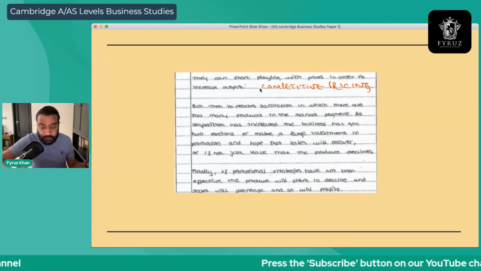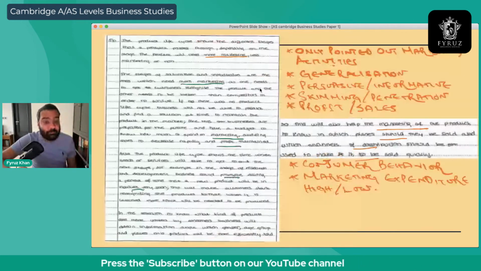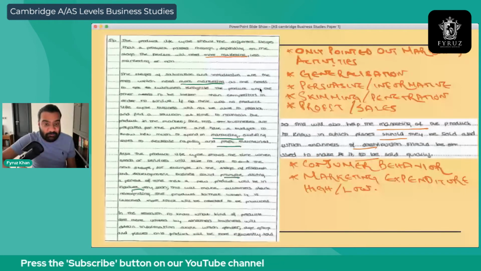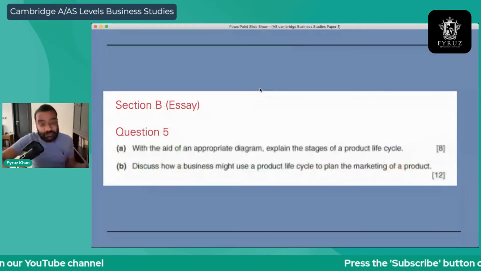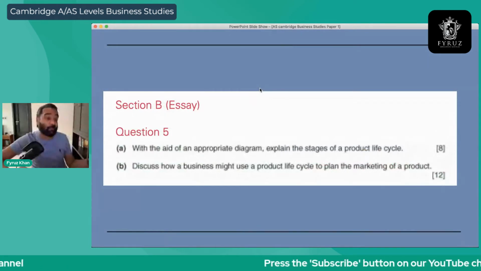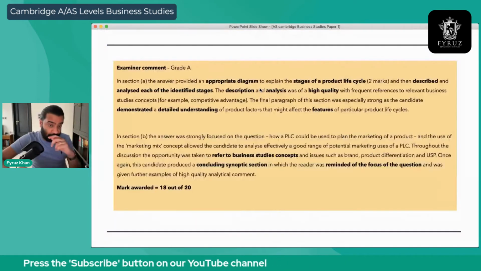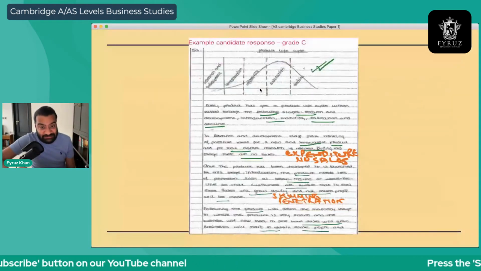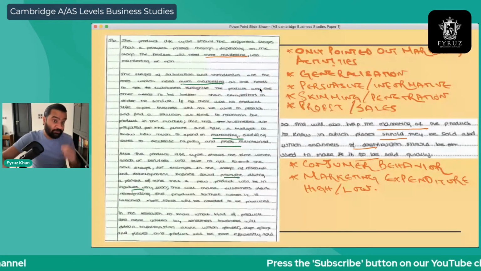Okay. Then you have part B. The question was, discuss how a business might use a product life cycle to plan the marketing of a product. Okay. So if we look at part B, there you go.